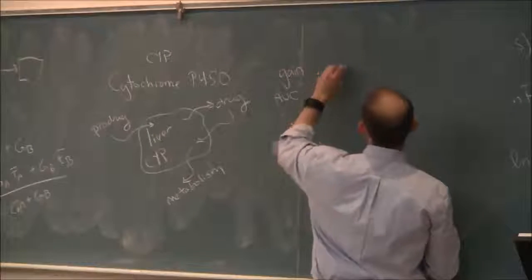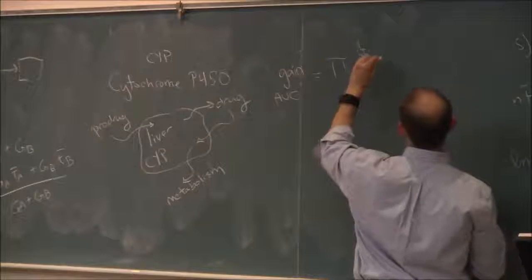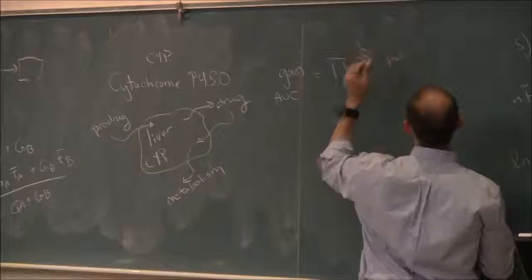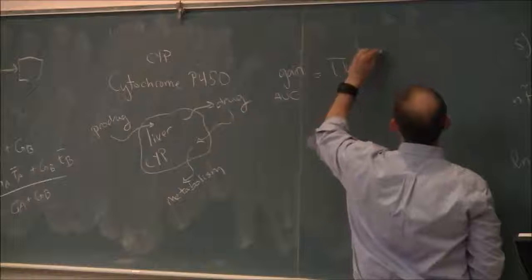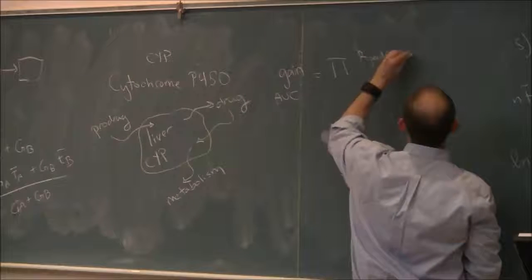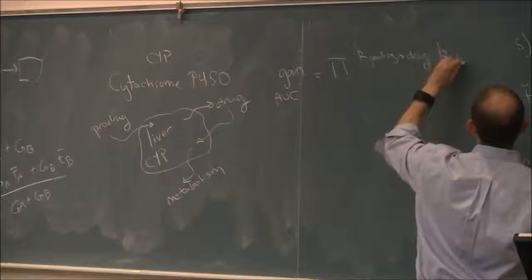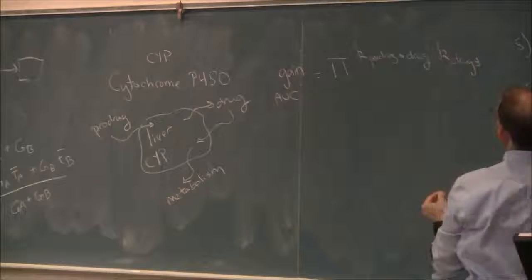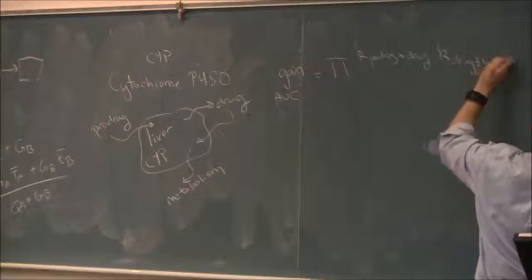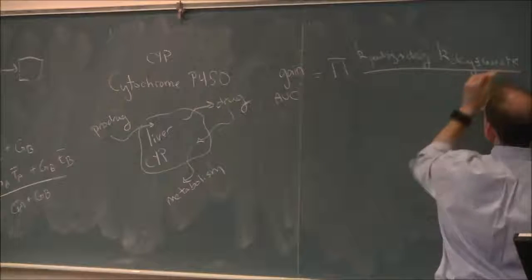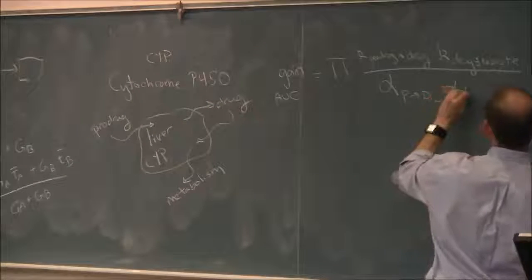So that's going to be the product of K, say, prodrug to drug, and then K, drug to waste, divided by alpha prodrug to drug, alpha drug to waste.